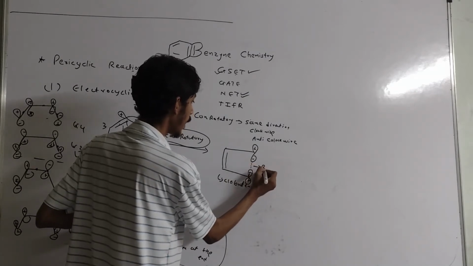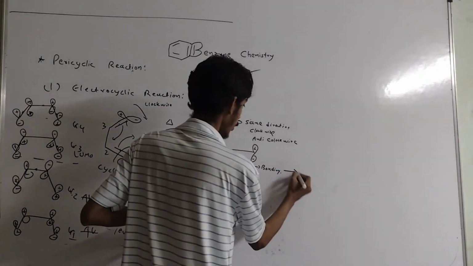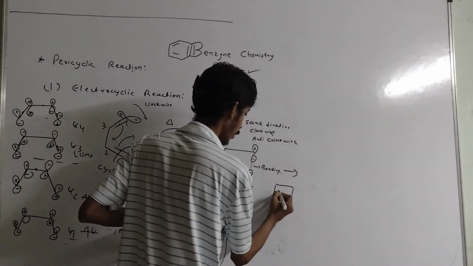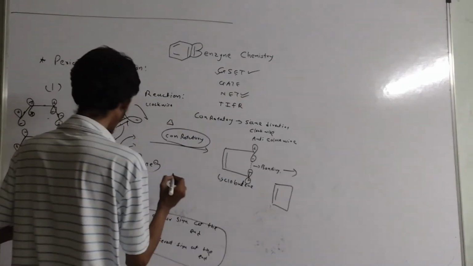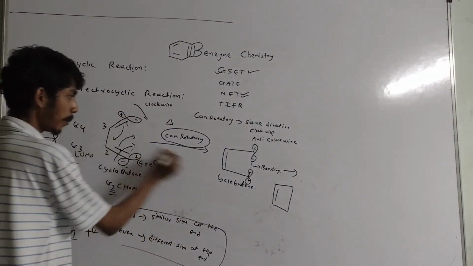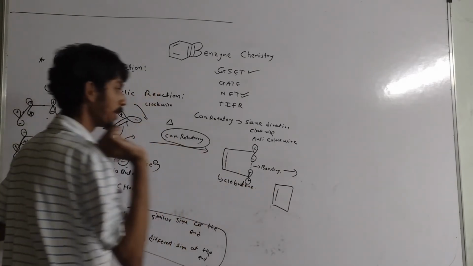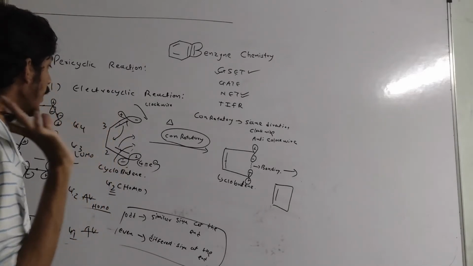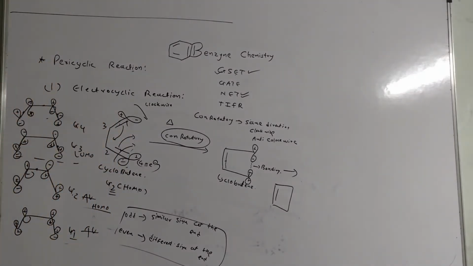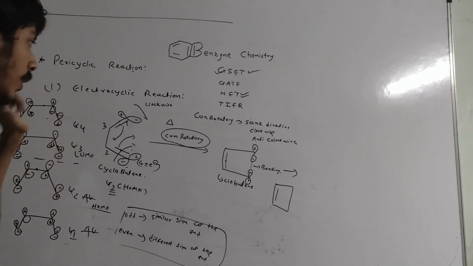Here is the bonding interaction, and we write it like this. You can clearly see that 2 pi bonds are broken and 1 pi bond is formed, and also 1 sigma bond is formed. So this reaction is the ring closing reaction. I hope you understand this concept.